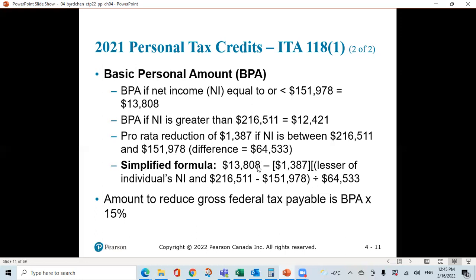Your BPA will be 13,808, right? So that is the first statement, that you have your actual amount. The basic amount is 12,421. So you have your full amount if your income equals the third bracket's amount. That is how this formula works. Now, if you're higher than the top bracket, you will see that it doesn't make any increase. So you just simply use your BPA as the base amount of 12,421.